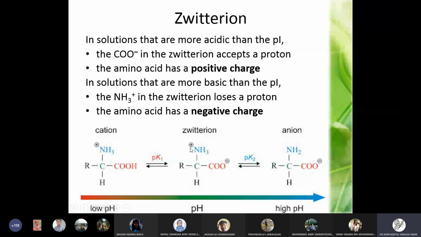At normal pH, where the pH is suitable for the amino acid, it remains at zero charge. When there's an increase in pH, or alkali, it becomes negative. When there's a decrease in pH, or acidic, it becomes positive. I hope everyone is clear on that.